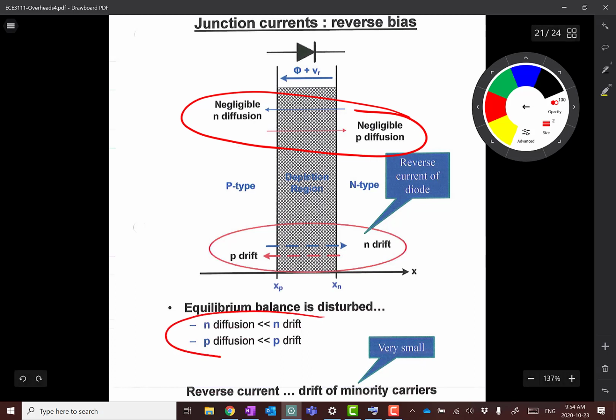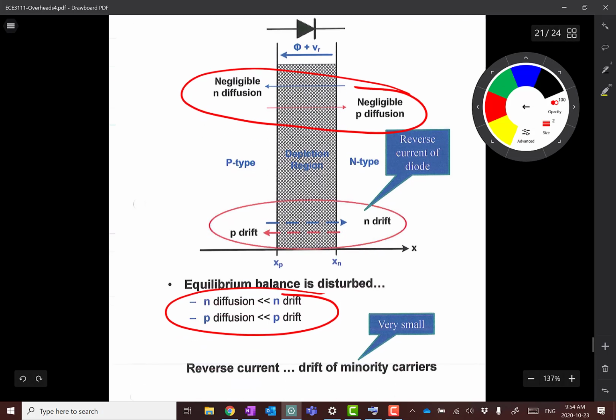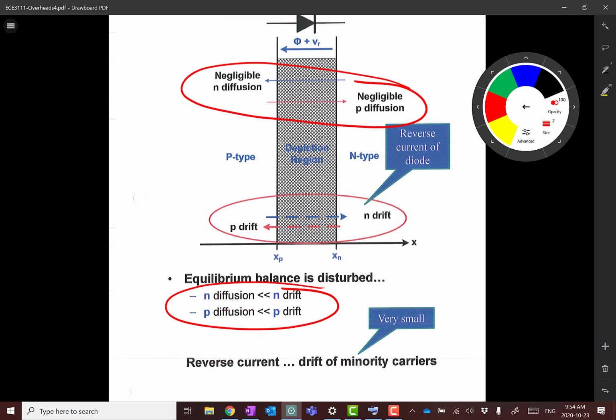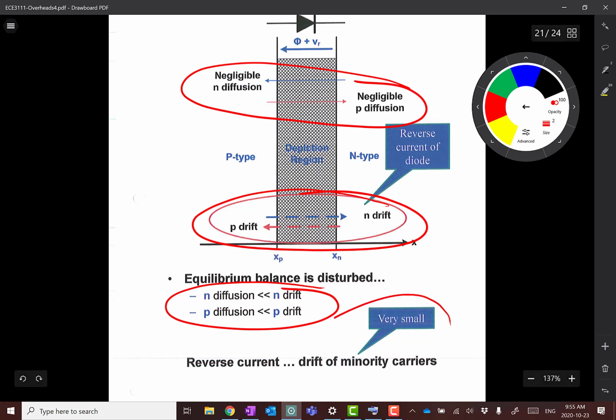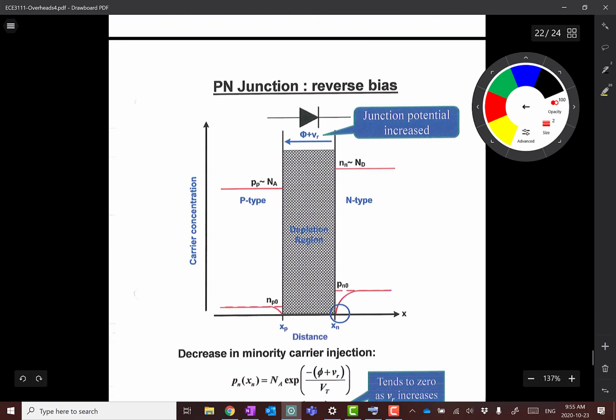Okay, so the diffusion currents of our majority carriers can pretty well be ignored, and our reverse current is therefore entirely or nearly entirely due to drift current. Okay, and this drift current is very small.